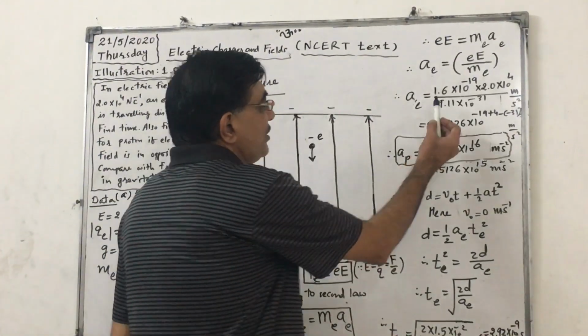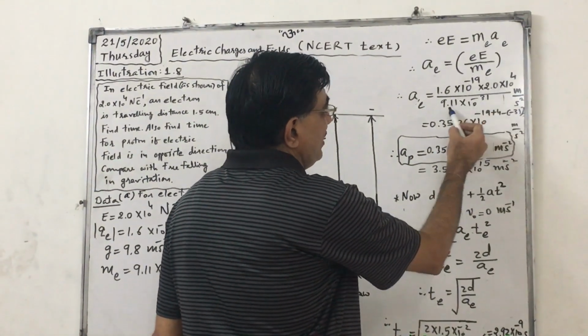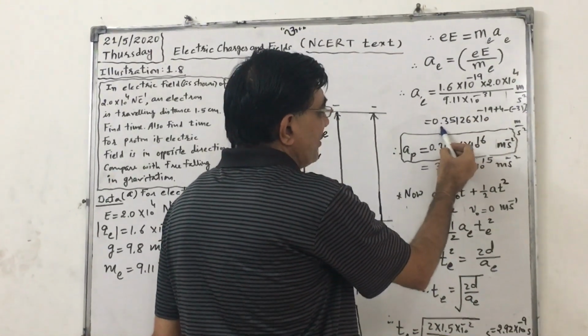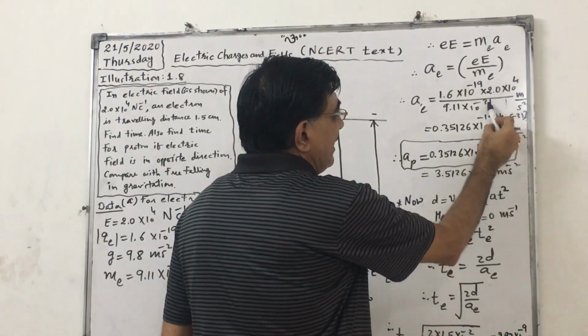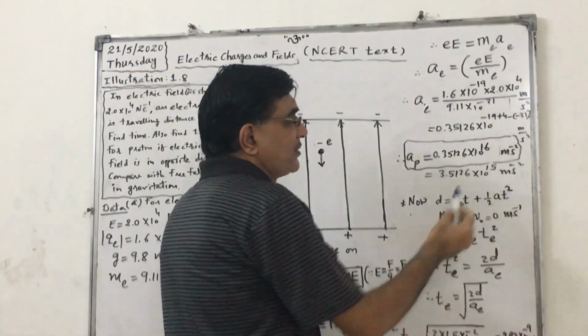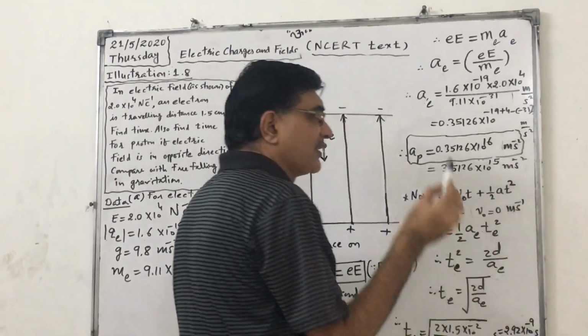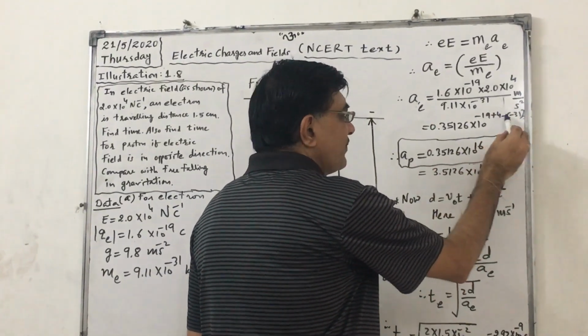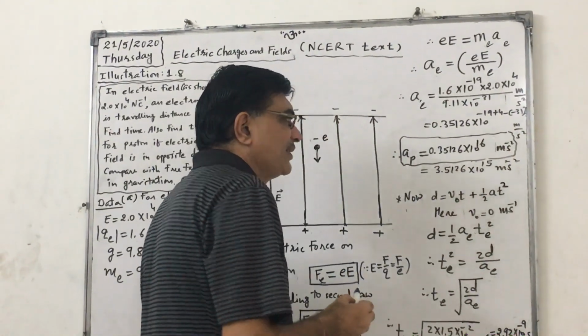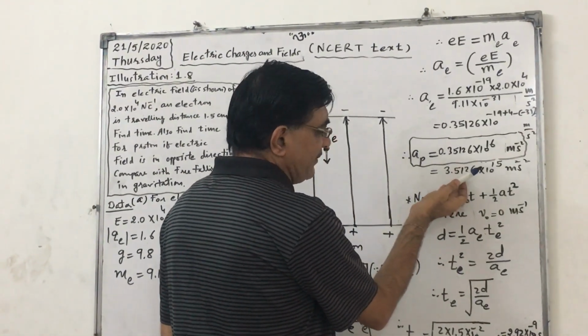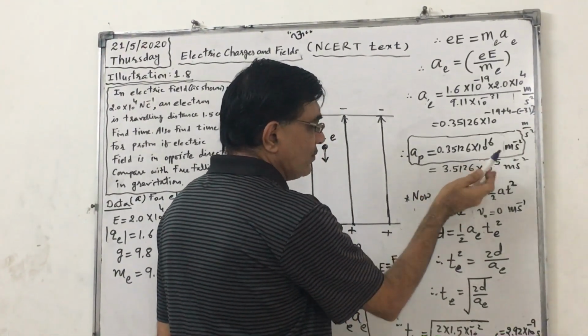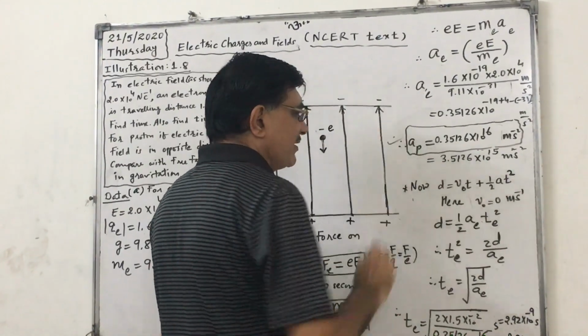So 1.6 into 2.0 divided by 9.11 is 0.35126 into 10 raised to minus 19 plus 4 minus of minus 31. Minus of minus 31 is plus 31, plus 4 is 35, minus 19 is 16. Also we can write it in scientific way as 3.5126 into 10 raised to 15, but we will use this, it will help us.